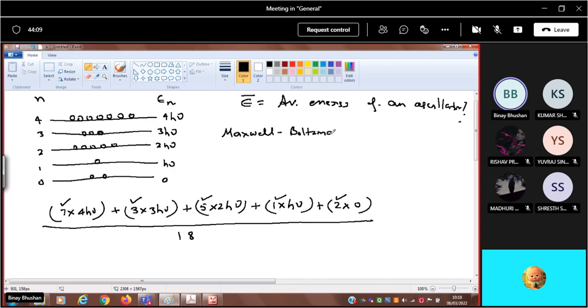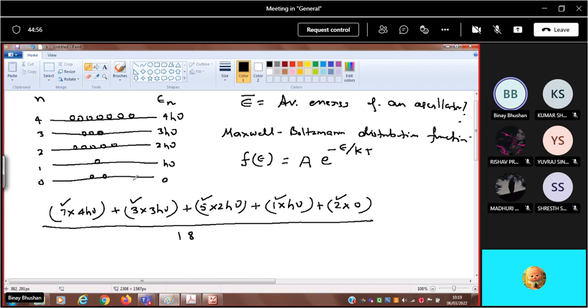That is the Maxwell-Boltzmann distribution function, which says that the number of oscillators in an energy level of epsilon is equal to a constant A times e to the power minus epsilon by kT. You must have seen this formula somewhere. Yes, sir, today it is making sense. It is the activation energy.